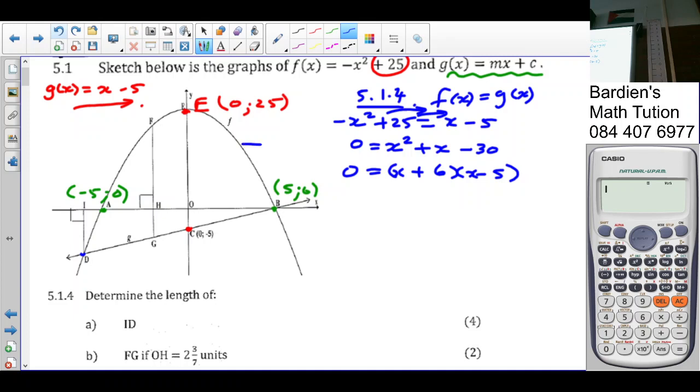If you can't do it that way, no problem, you use the product line. The factors of 1 are 1 and 1; of 30 are 1 and 30, 2 and 15, 3 and 10, 5 and 6.